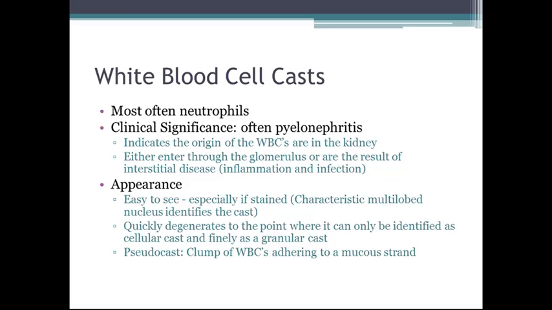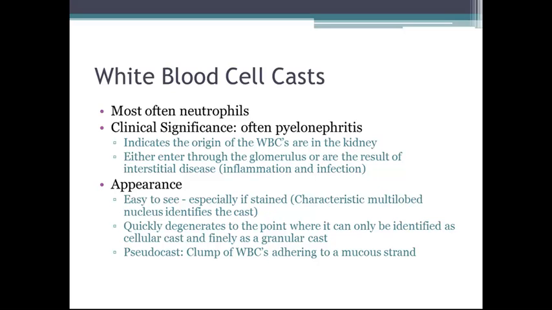White blood cell casts usually consist of neutrophils. The clinical significance: usually this means there's pyelonephritis. It indicates the origin of the white blood cell is in the kidney. Either it enters through the glomerulus or is a result of an interstitial disease such as an inflammation or type of infection.